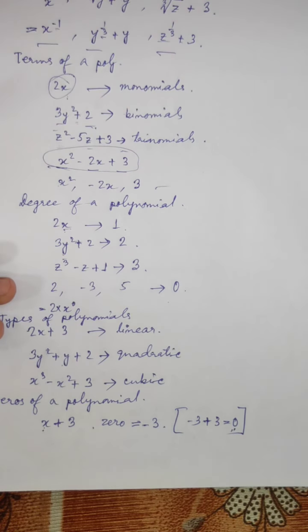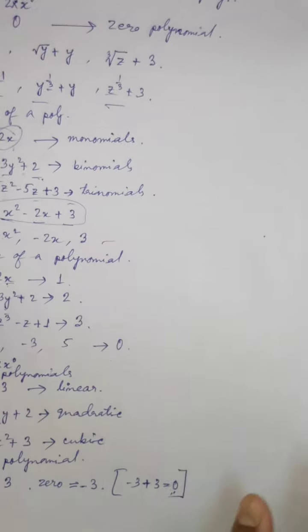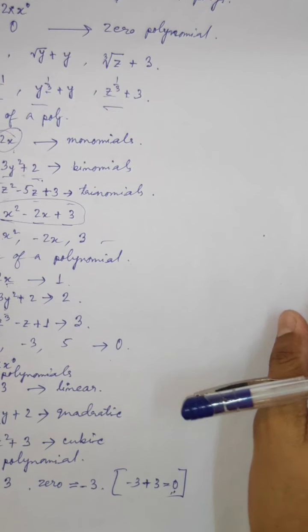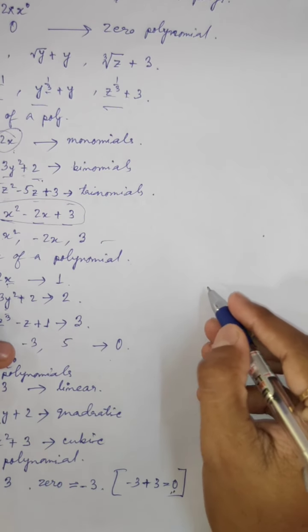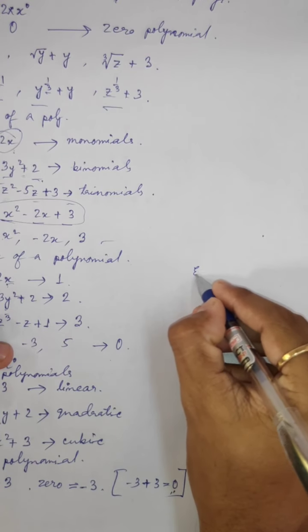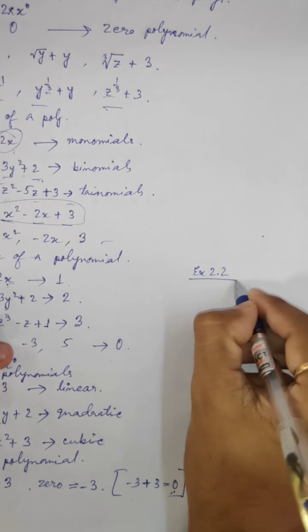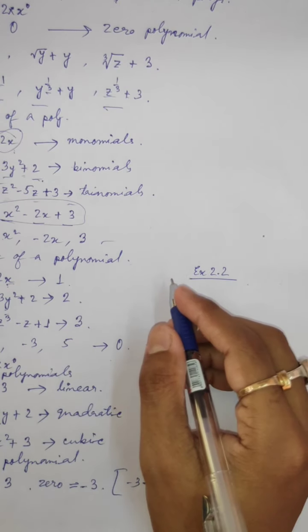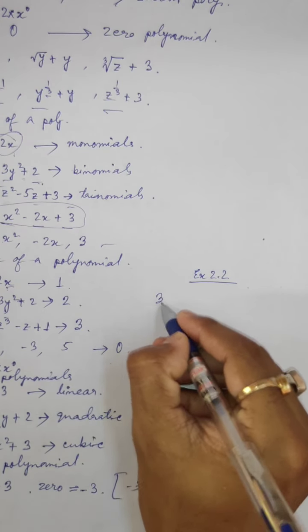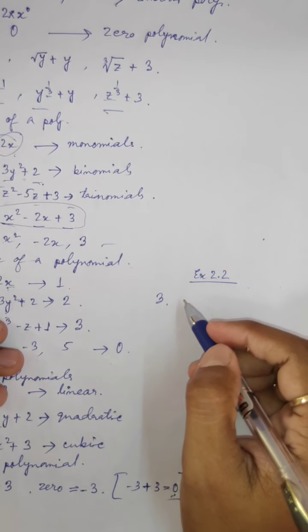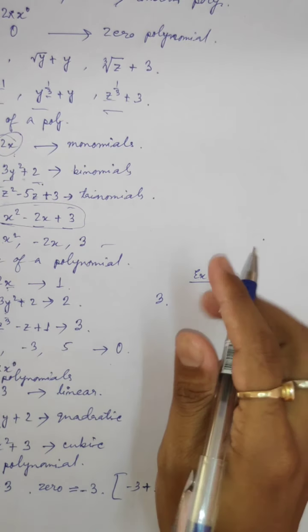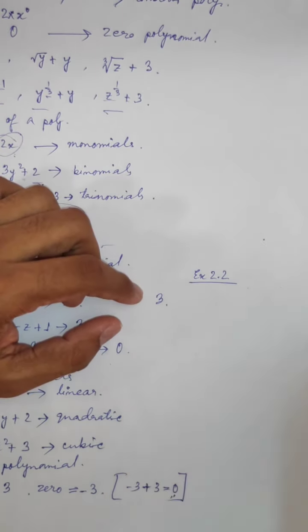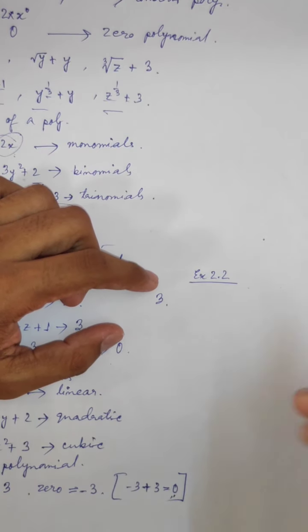I am just showing an illustration from the example, from exercise 2.2. You can refer to your textbook, number 3. In number 3, verify whether the following are the zeros of the polynomial indicated against them.